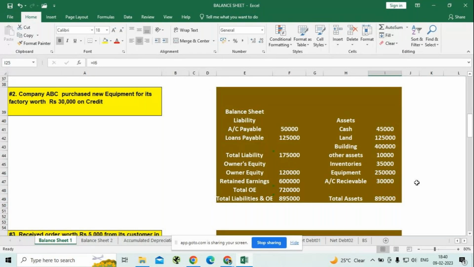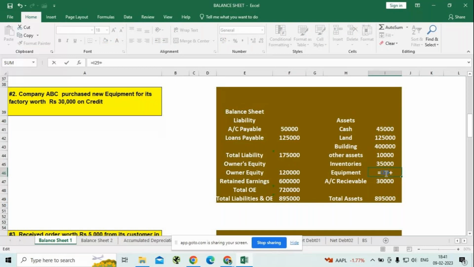Company ABC purchased a new equipment for its factory worth rupees 30,000 on credit basis. So what is going to increase or decrease, or is it both sides increase or both sides decrease? Equipment will increase by 30,000 and simultaneously accounts payable will also increase by 30,000 because it is on credit.